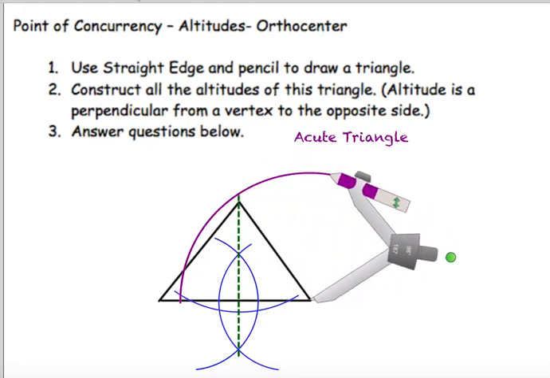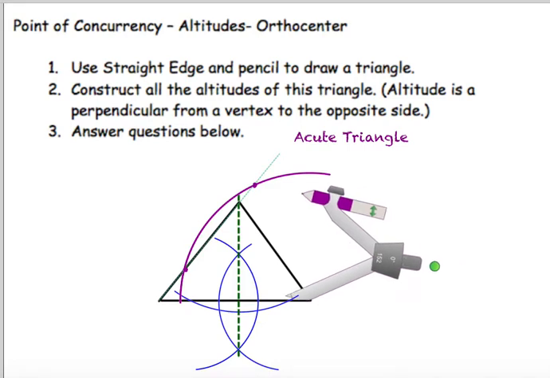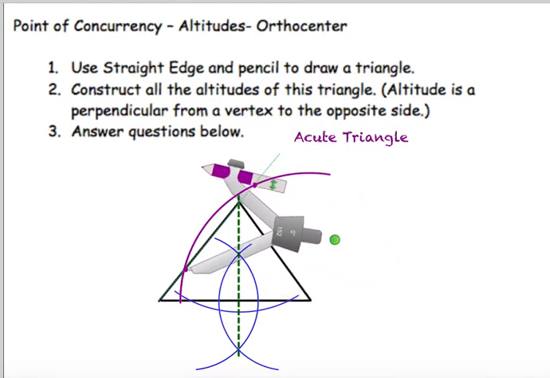Okay, and I'm going to need to extend the side of the triangle because it went a little bit outside of the edge there. There we go. So right here and right here, those points are the points that we need to do the perpendicular bisector from.